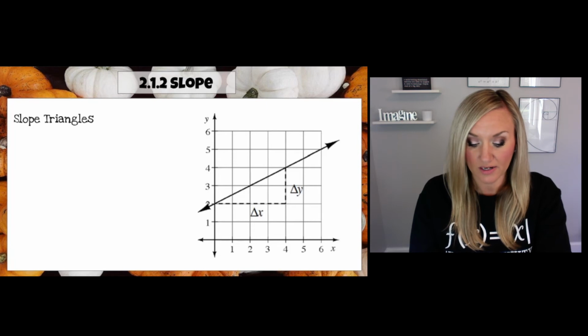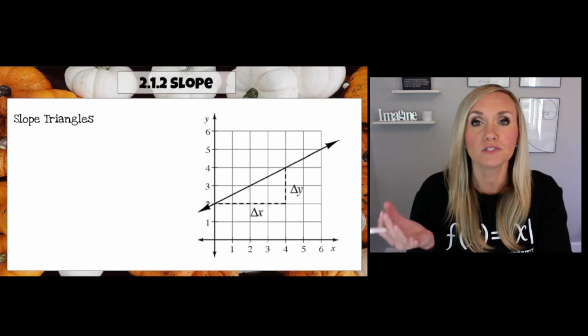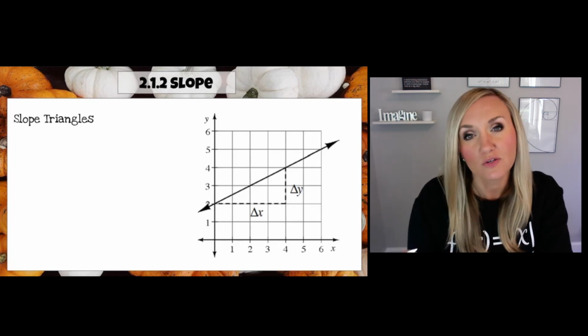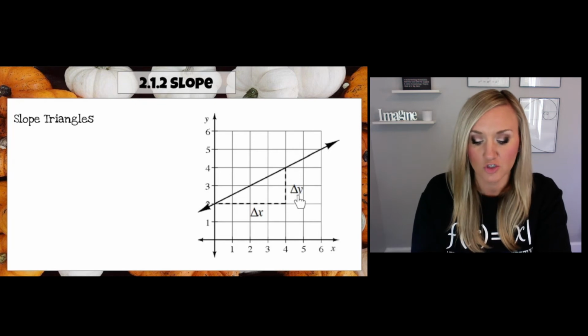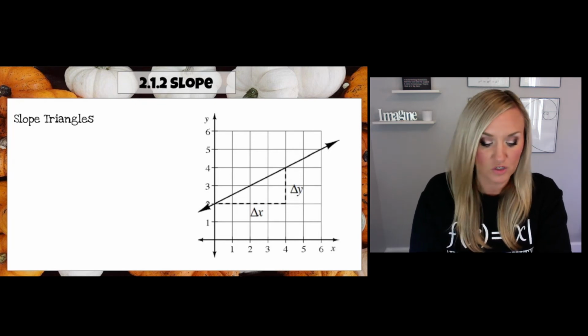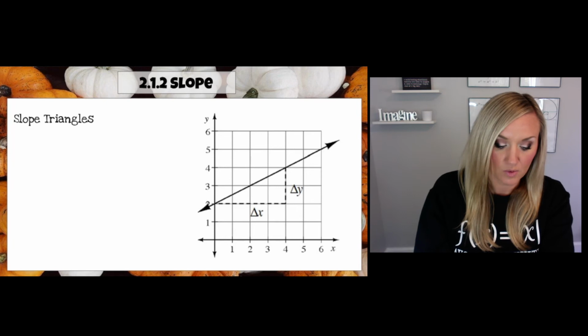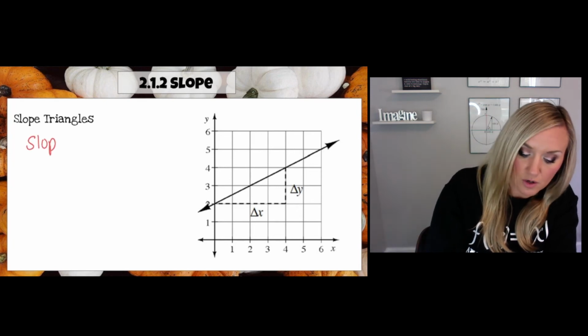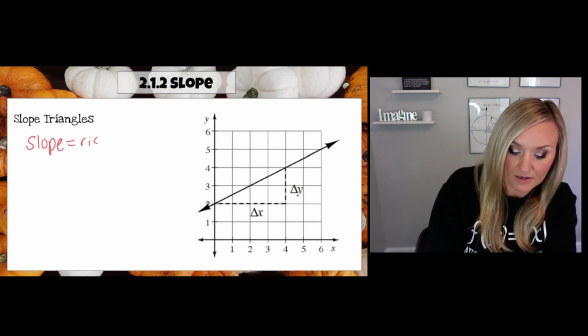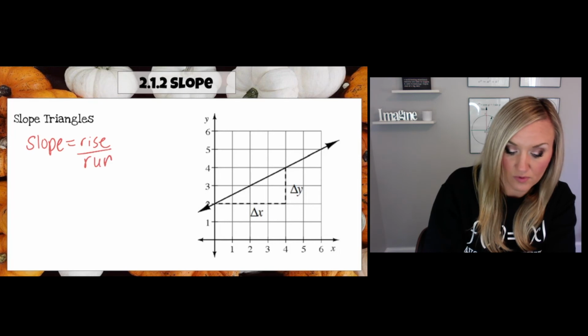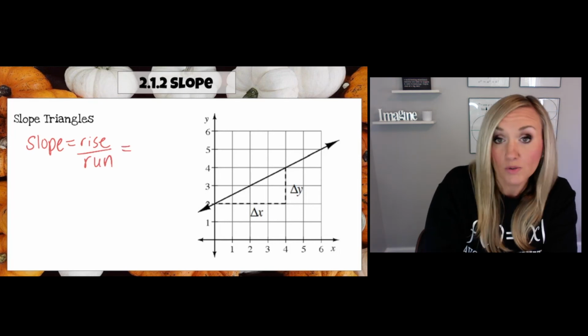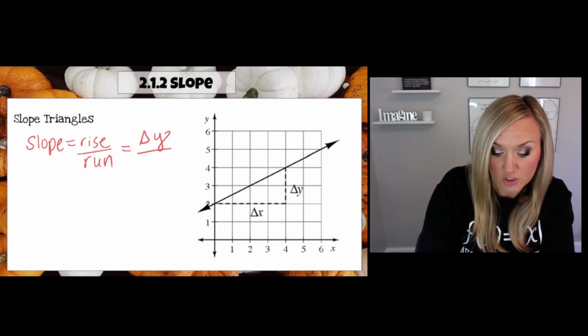And notice the triangles in front. Those really mean the change. So whenever you see that triangle, I want you to think change. The change in y over the change in x. So we can think of slope as rise over run. And it's also the same thing, the change in y over the change in x.